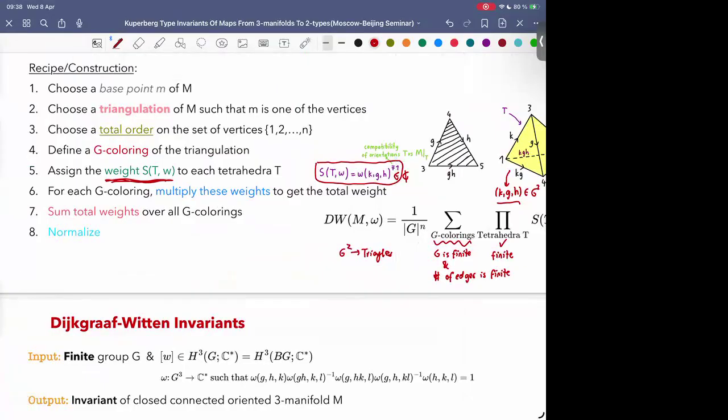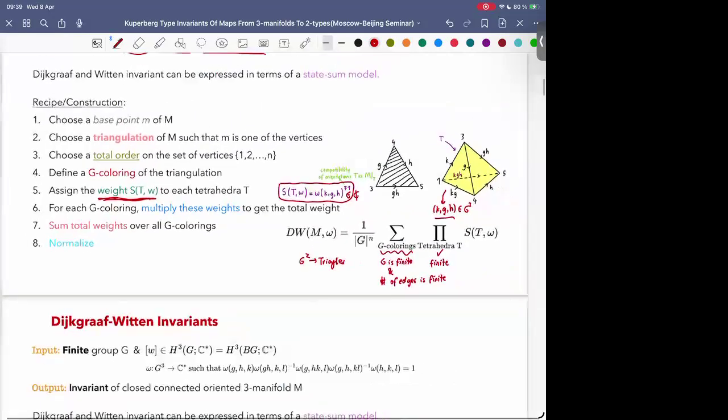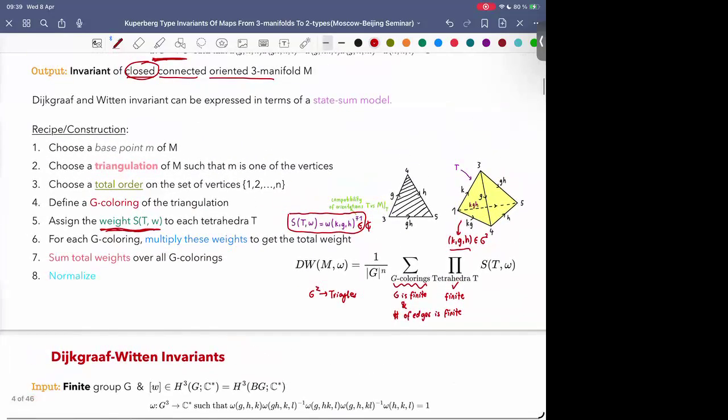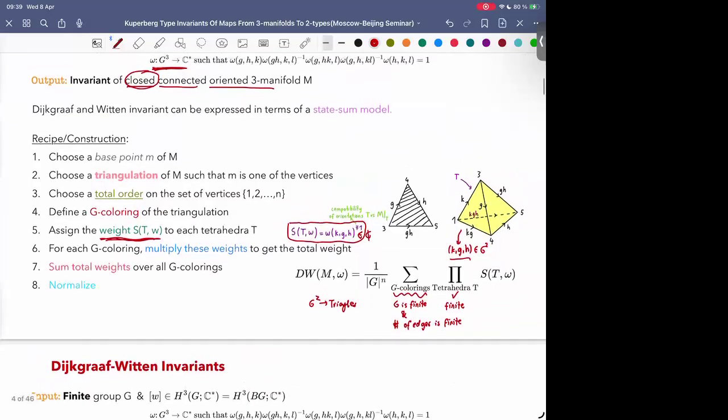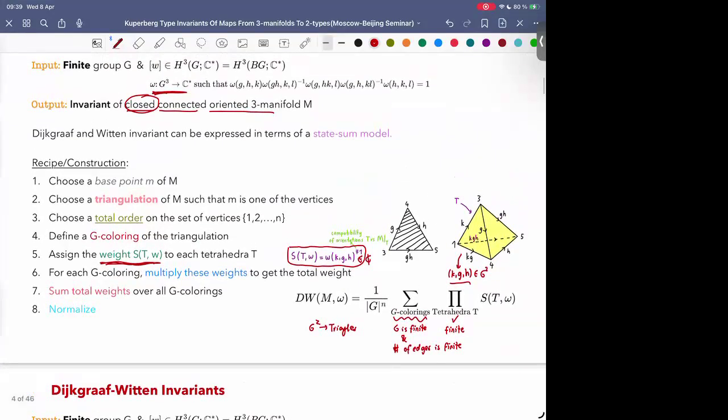Excuse me. Can you explain the motivation of the omega, which satisfies the cocycle formulation, that the product equals 1? Can you give the motivation?